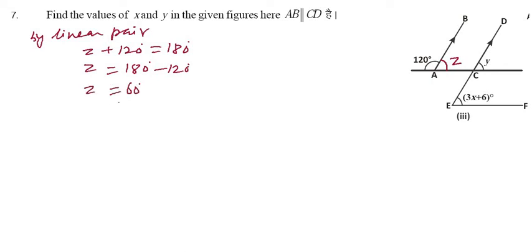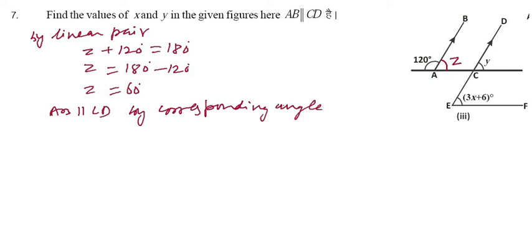So by corresponding angles, you can say here AB is parallel to CD, so y is equal to z. So you can say y is equal to 60 degrees also.